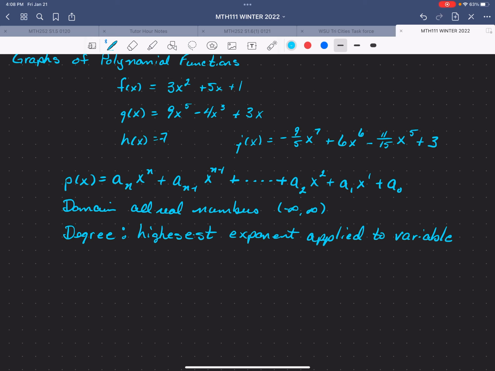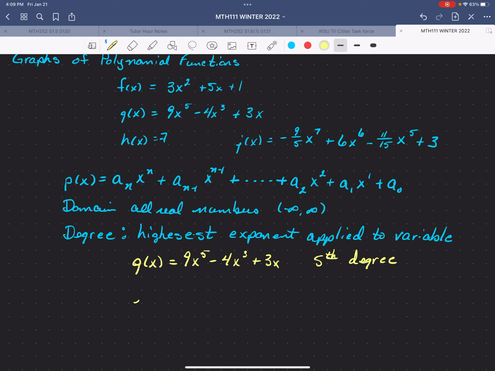So, for example, the polynomial function g of x is equal to 9x to the fifth minus 4x to the third plus 3x. We have an exponent of 5 and an exponent of 3 and an exponent of 1. 5 is the biggest, so this one is a 5th degree polynomial.